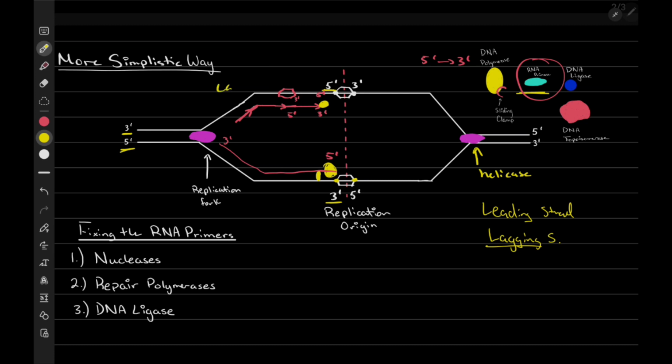So this is going to be your lagging strand. And then your leading strand is going to be your continuous from 5' to 3'. So the DNA polymerase is able to continuously build your new strand from the 5' to 3' end. So this is your leading strand.